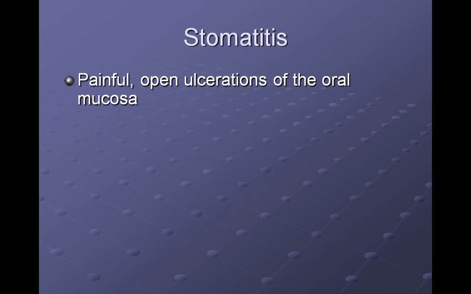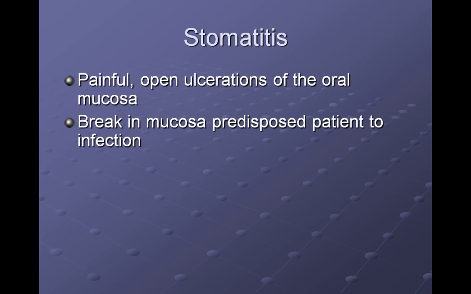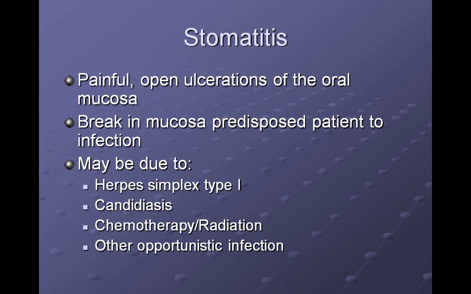Stomatitis is a painful condition in which there are open ulcerations of the oral mucosa. There's a break in mucosa predisposing the patient to infections. Therefore, you need to observe their oral mucosa for signs and symptoms of infection and monitor laboratory results that are relevant.